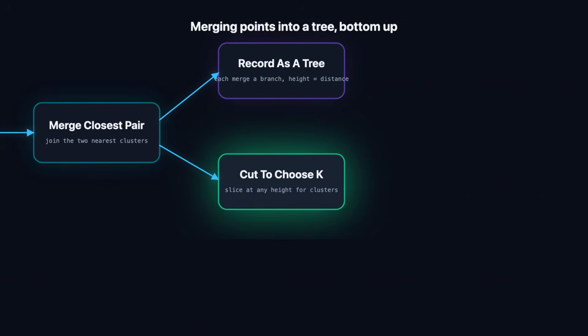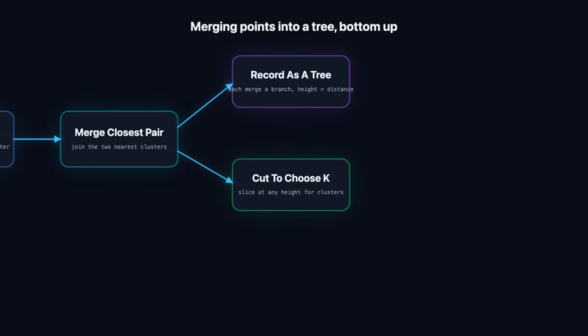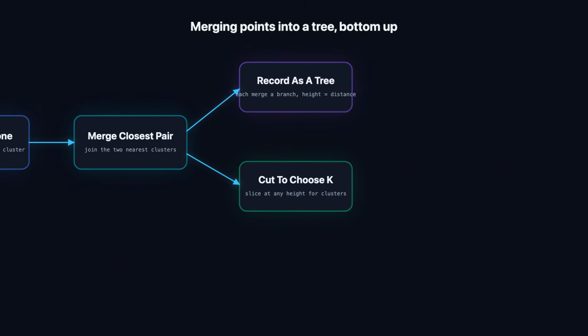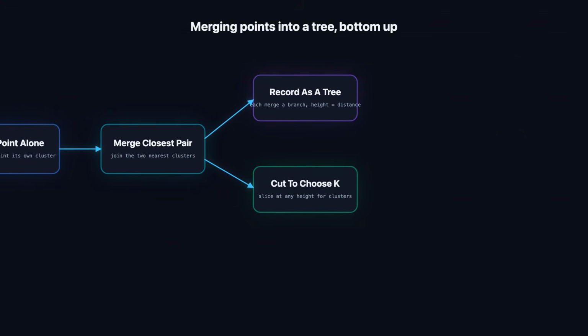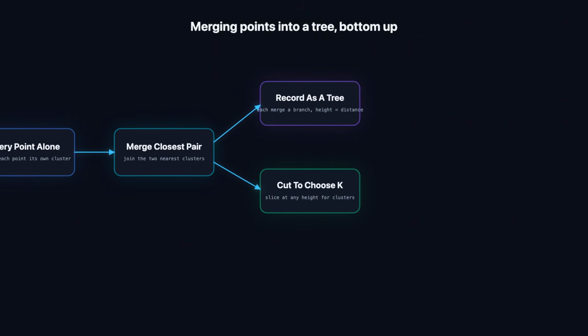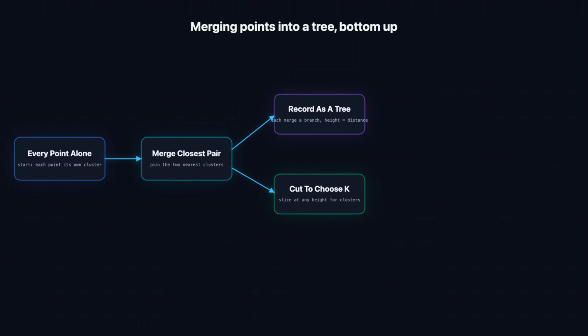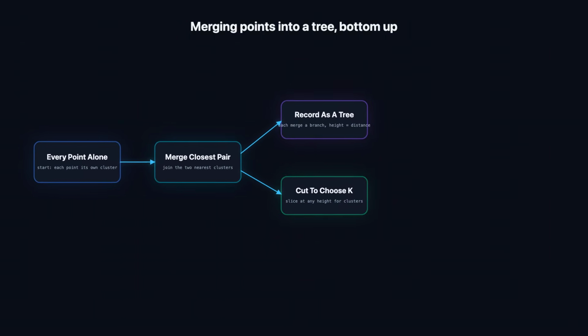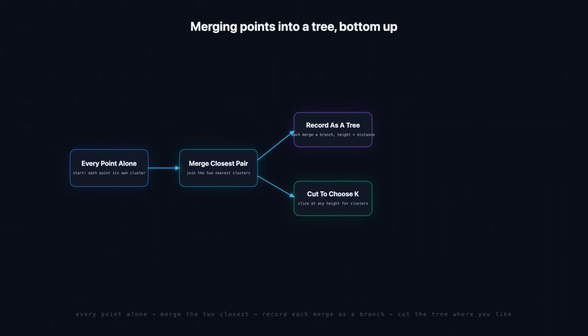Keep going until every point sits under one single root, and you are left with a full tree called a dendrogram. Now comes the payoff. Draw a horizontal line across it at whatever height you like, and the branches it crosses become your clusters. Cut low for many fine groups. Cut high for a few broad ones, all from the same tree.